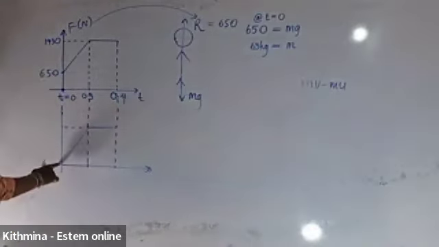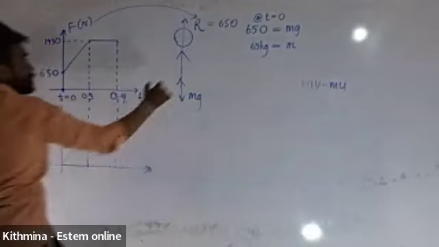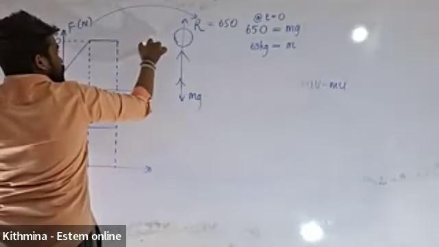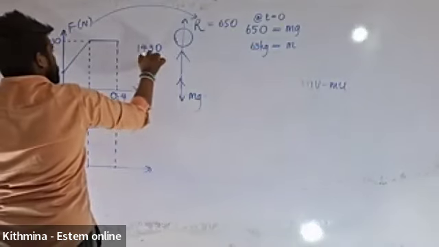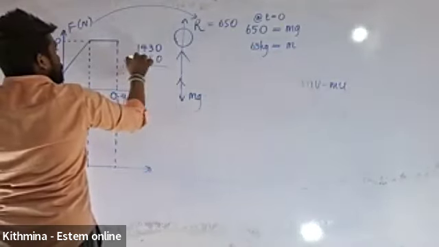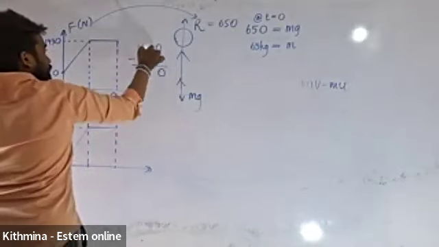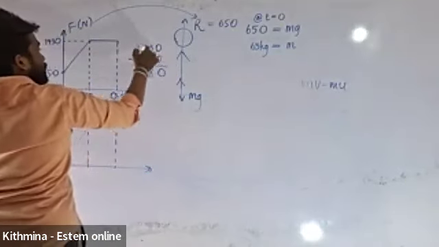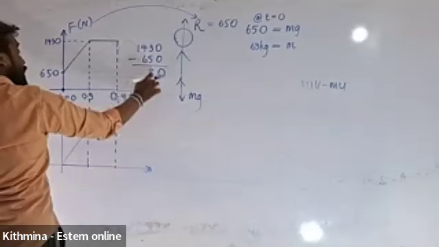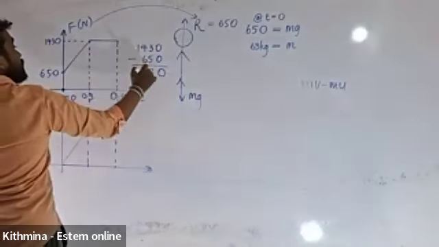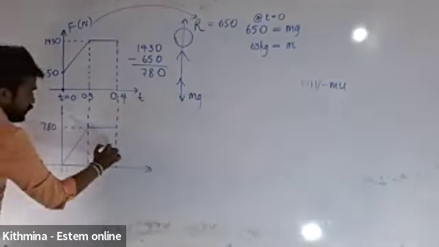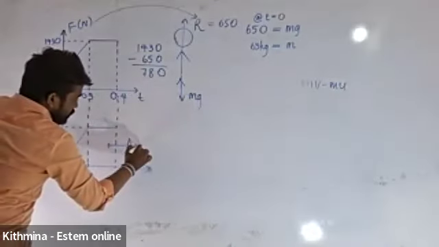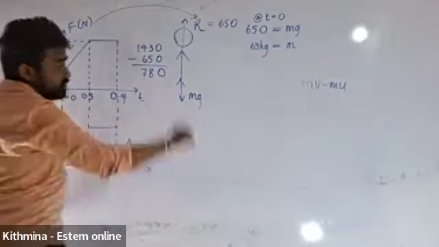This becomes 0. Then this becomes 1430, 650, 0, 13 minus 5, 8, 13 minus 6, 7. And this is 7. If you get the area of this, you can easily get mv minus mu.